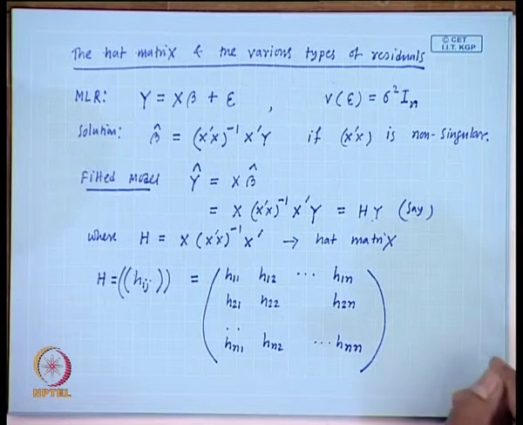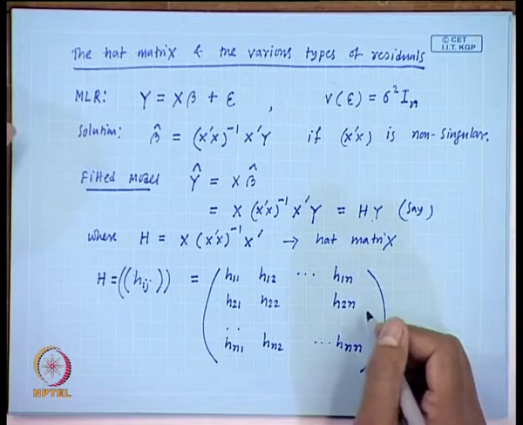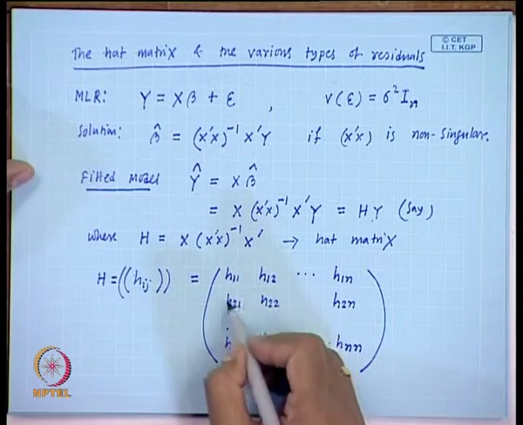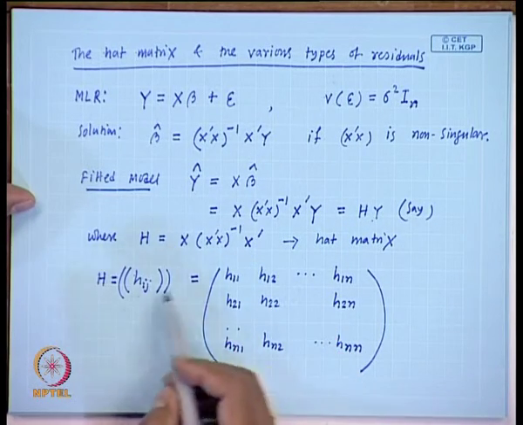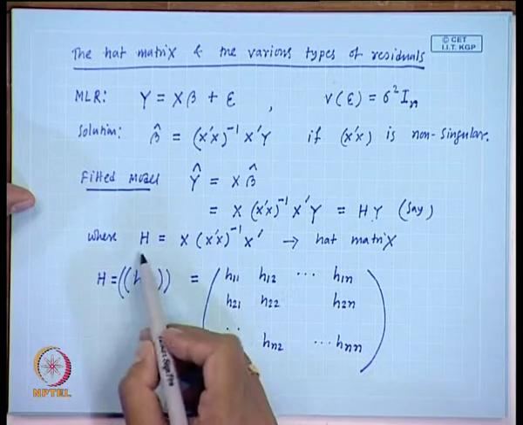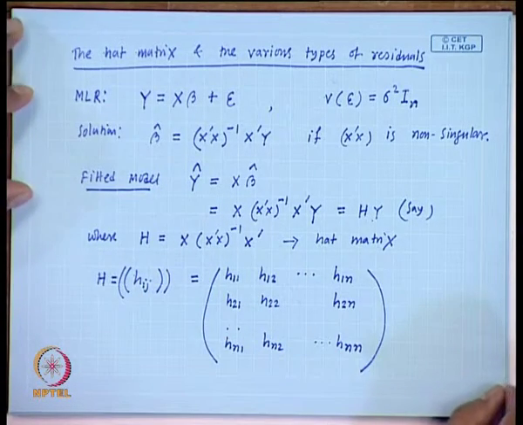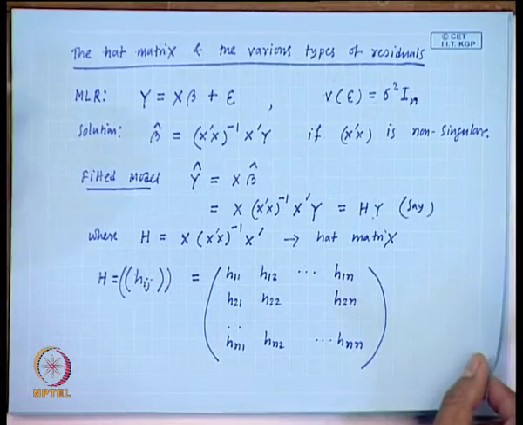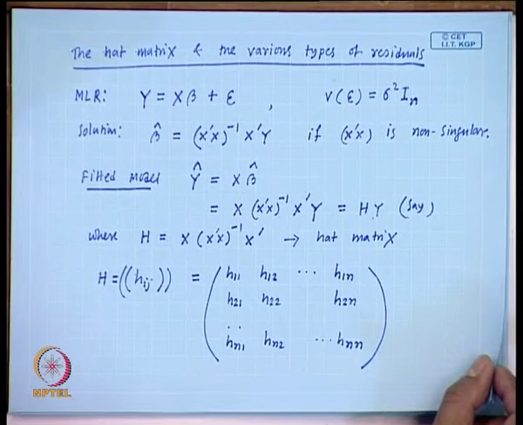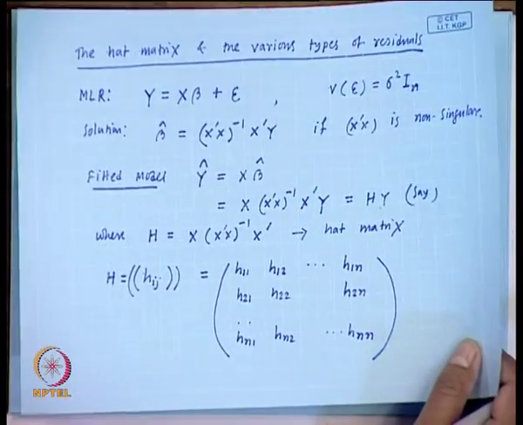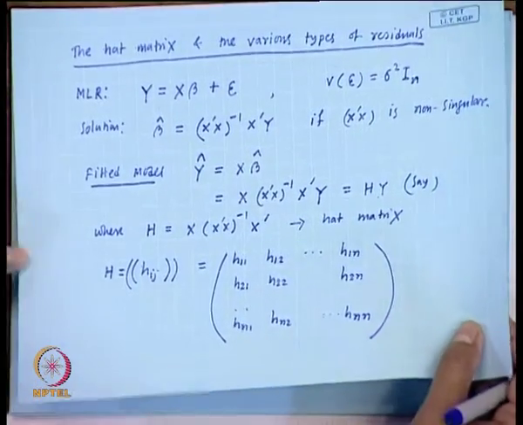So, this is the hat matrix, and you know how to calculate the elements of the hat matrix, because X is known, then you can compute the elements of the hat matrix H. Well, now we will talk about several properties of the hat matrix.